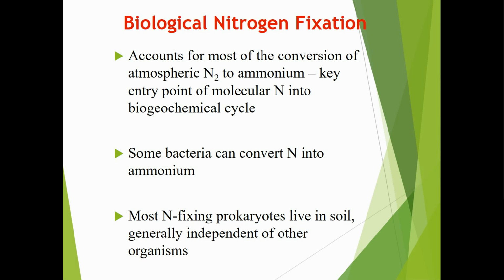And that triple bond is very difficult to break. It requires a lot of energy, and plants cannot simply absorb atmospheric nitrogen like they do with oxygen because they can't assimilate it. Remember, assimilate, fixation, all of that, the same word. The plants cannot do it by themselves.